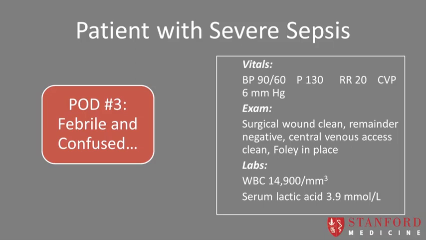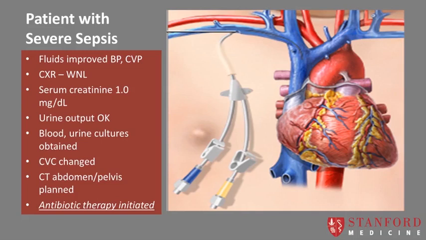Initial laboratory studies found that the patient had a total white blood count of 14,900, and his serum lactic acid level was elevated at 3.9 millimolar. Fluids were rapidly administered, and his blood pressure and central venous pressure both improved. Chest X-ray was rapidly obtained and showed no evident intrapulmonary disease.